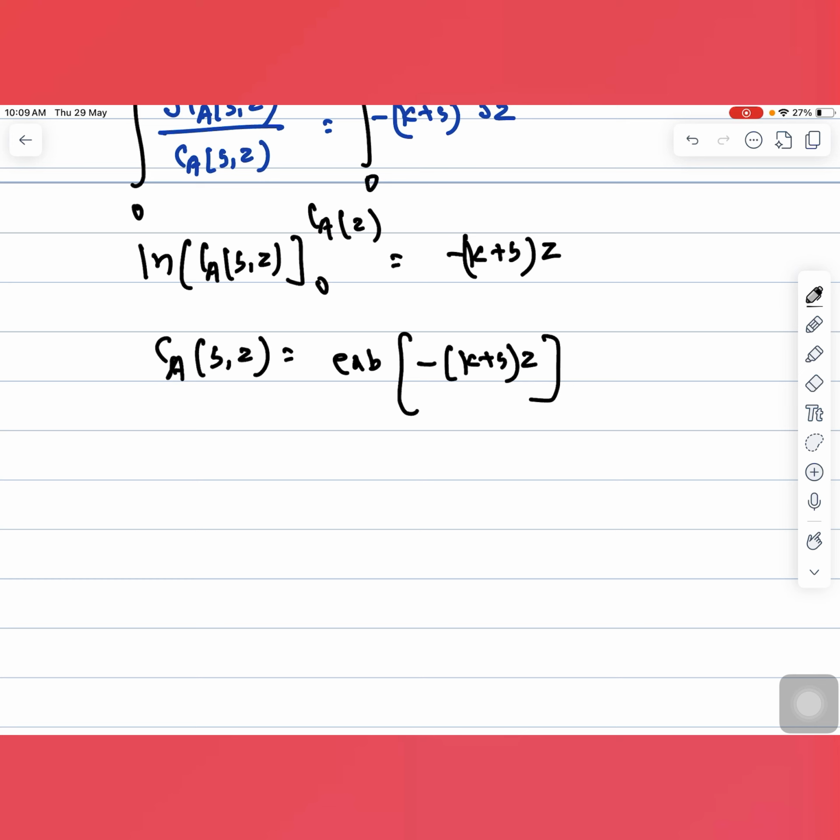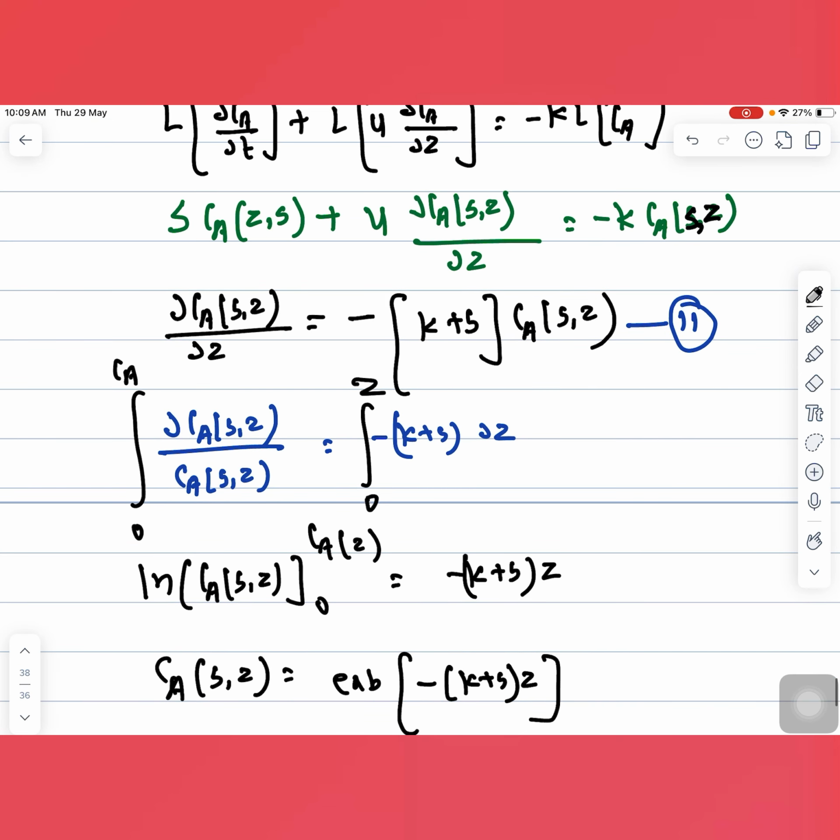I think I have made one mistake, that I have to divide by U also. So U has been left out. Okay, so this one is the thing.